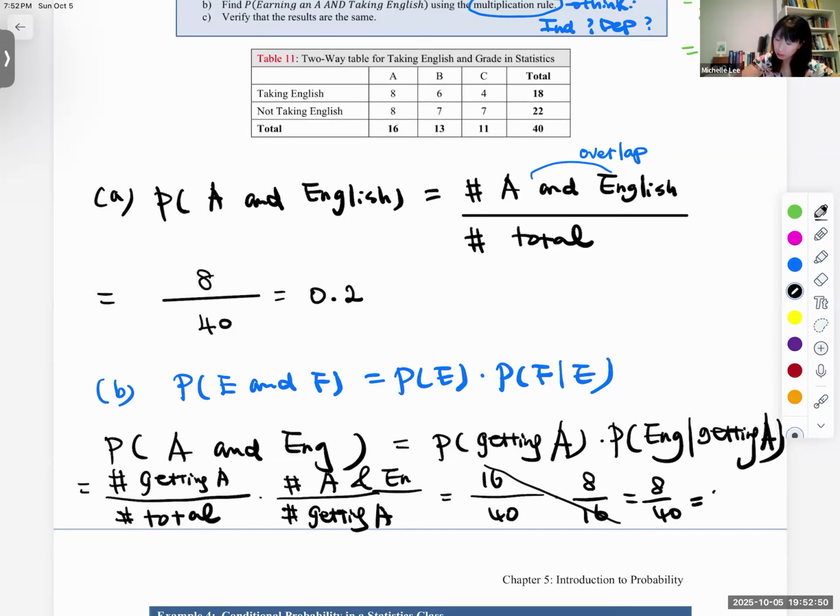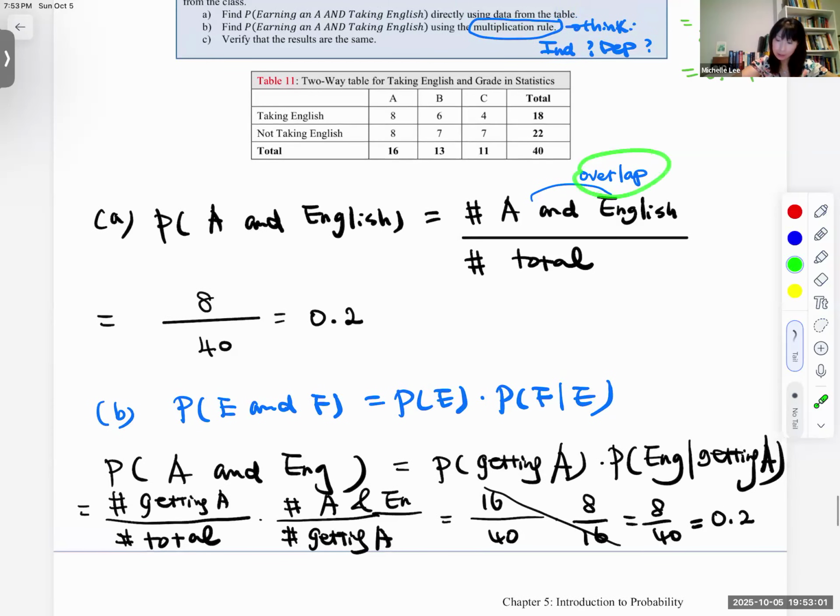We get the same answer, yeah. I see that, 0.2, so we have the same answer. So basically, the overlap, which gives us the dependent event multiplication rule, right? Yeah, this is hard, right? Just using this one. Yeah.